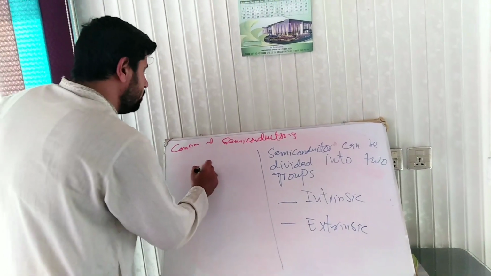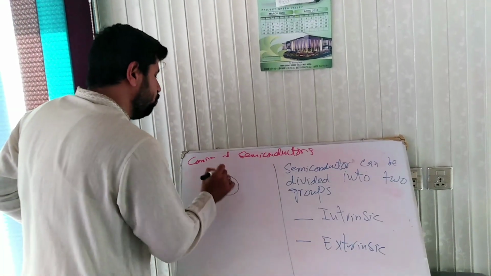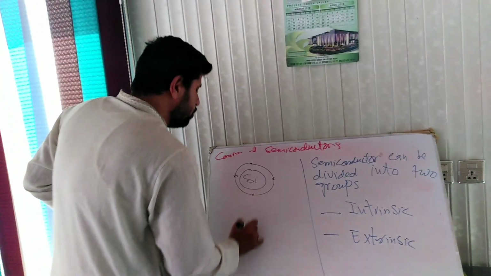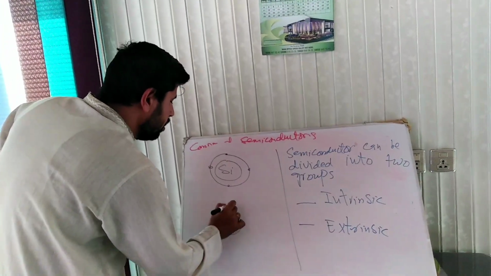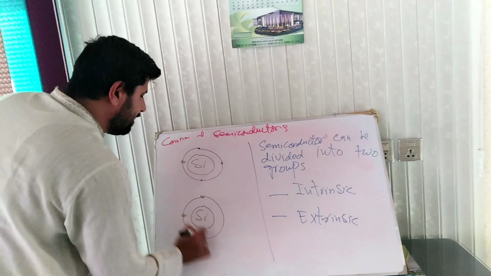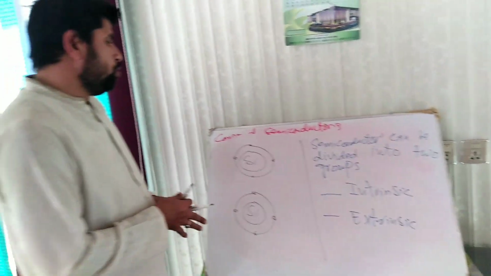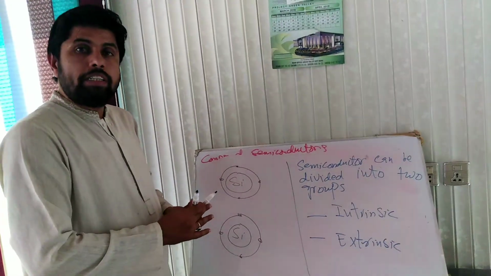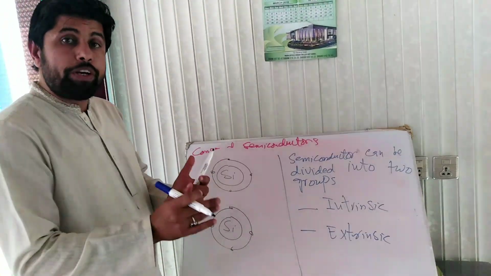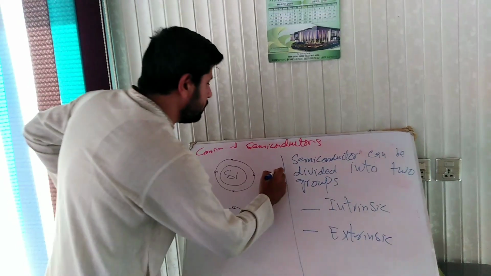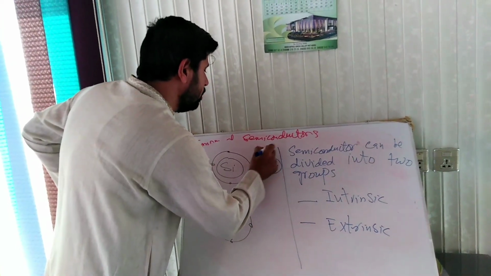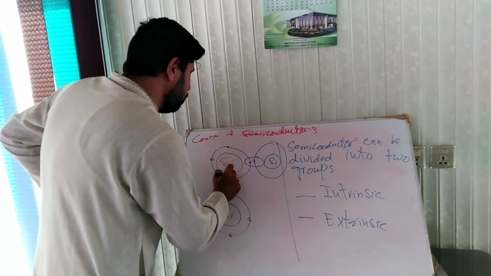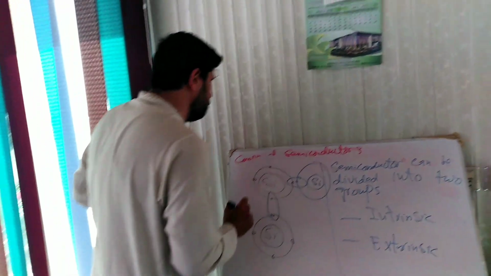Silicon has 4 electrons in the valence shell, and the other silicon has 4 electrons in its valence shell. Both atoms can complete their valence shell by making a covalent bond with neighboring atoms. Here we have another silicon, and these two are making covalent bonds.